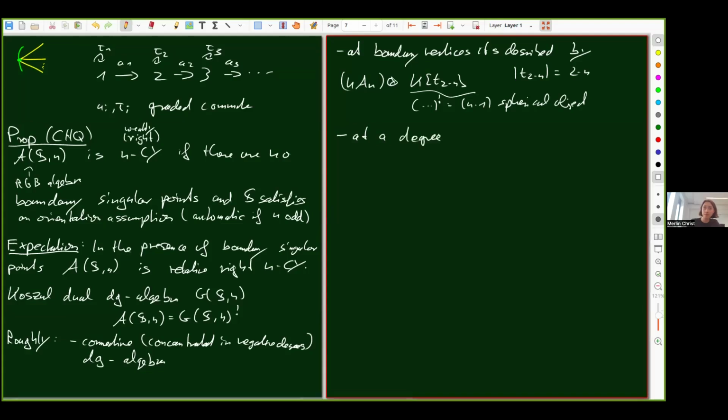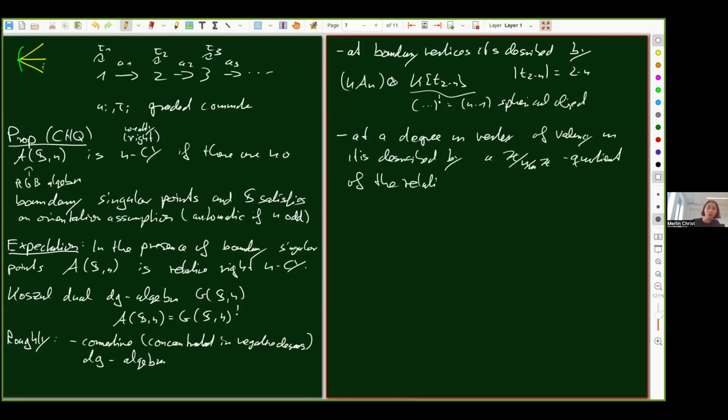A vertex of degree m, sorry, of valency n, is described by a Z modulo n divided by mZ quotient of the relative Ginzburg algebra of an n-gon. So let me explain that in an example.